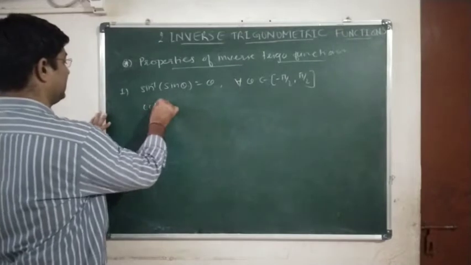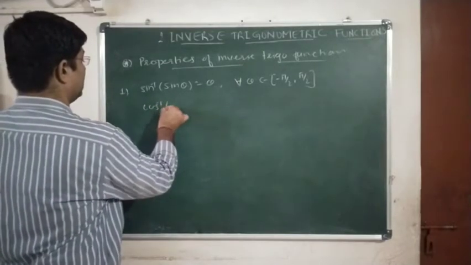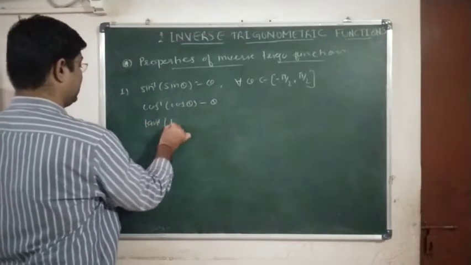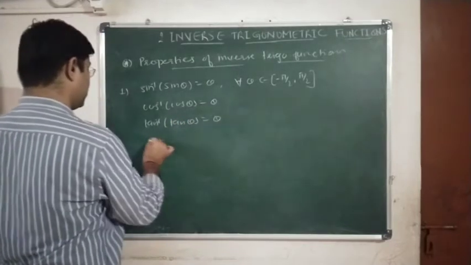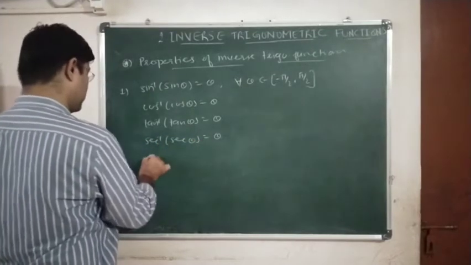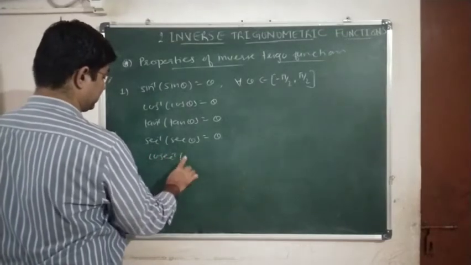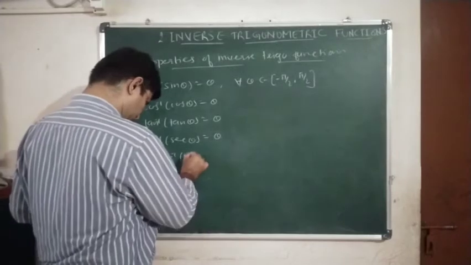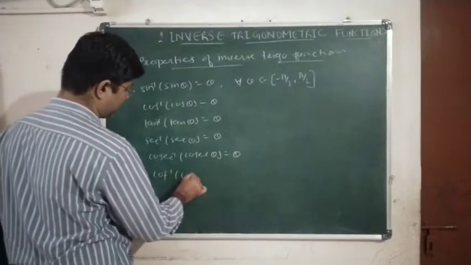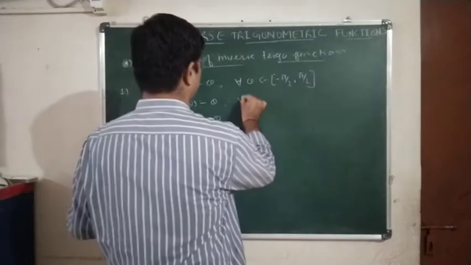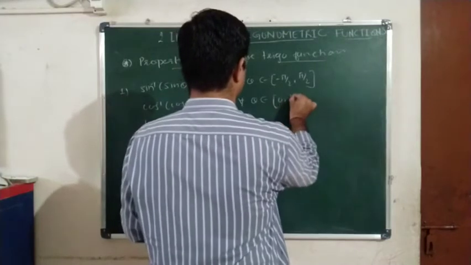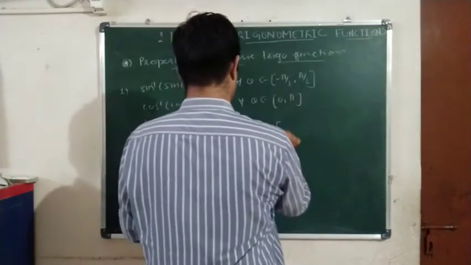Similarly, for other functions we have properties: cos inverse of cos theta is equal to theta, tan inverse of tan theta is equal to theta, sec inverse of sec theta is equal to theta, cosec inverse of cosec theta is equal to theta, and cot inverse of cot theta is equal to theta for all theta belongs to 0 to pi.